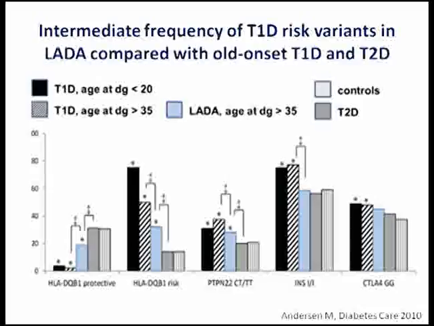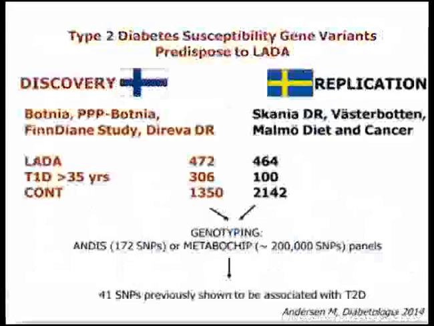But for CTLA and for the insulin gene, it was not statistically significant. So LADA patients do have gene variants which resemble type 1 patients.